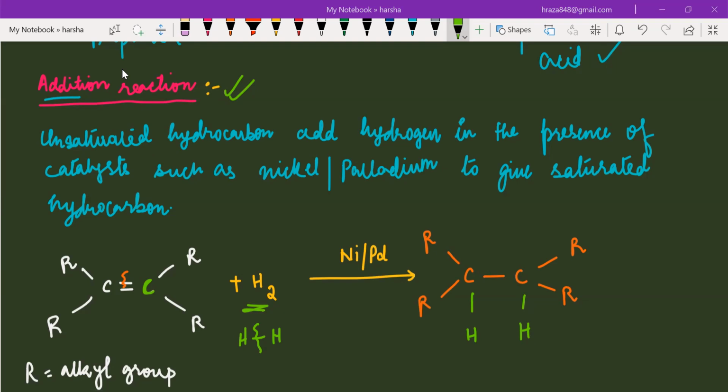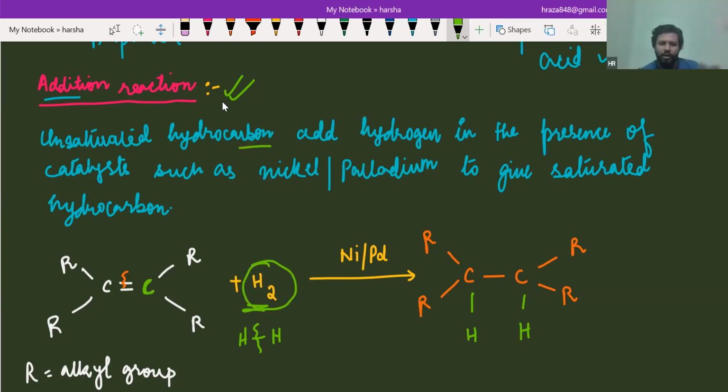So what is written below plus H2? Where I have written CH2. No, this plus H2, not CH2, plus H2. Below that. Are you talking about this H-H bond?